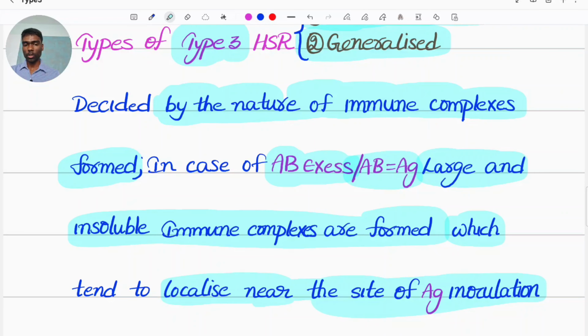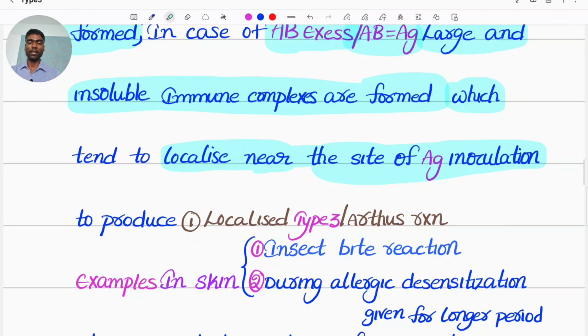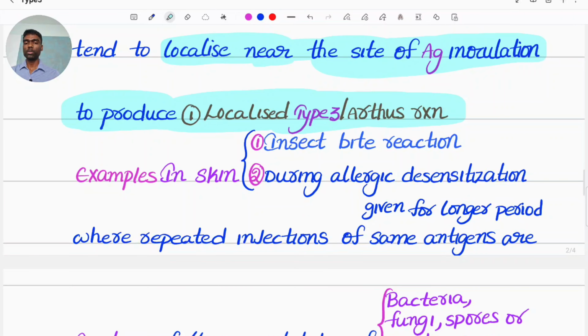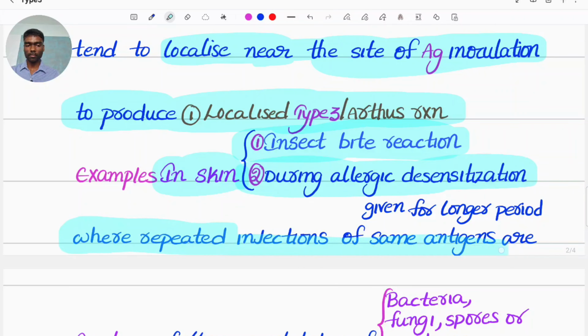It won't allow dissemination of antigen, thus producing a localized type 3 reaction or Arthus reaction. Examples in skin: insect bite reactions, and during allergic desensitization, where repeated injections of the same antigen are given for a longer period.